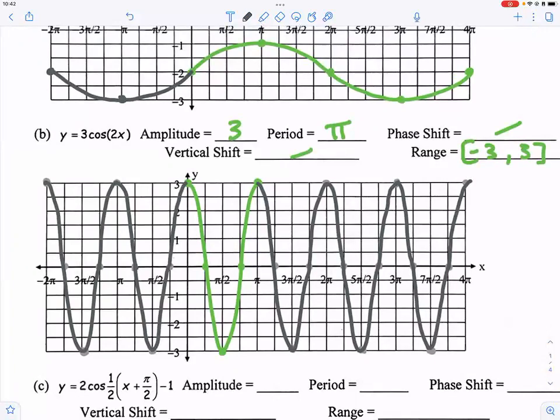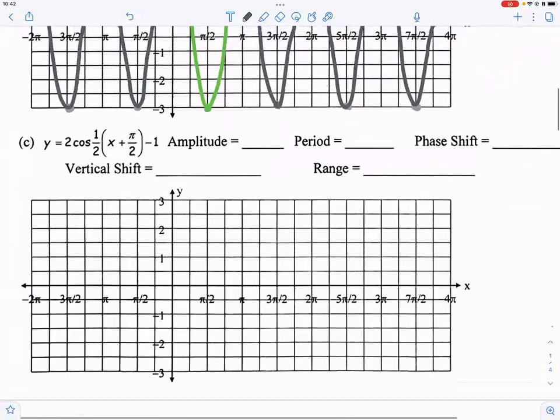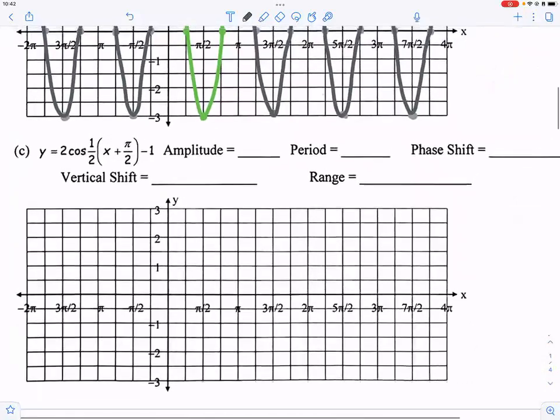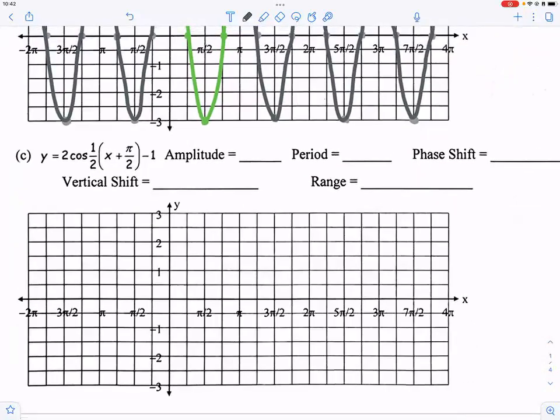Okay. All right, now let's go ahead and look at part C. Ooh, part C is like a medley. We have all the A, B, C, D values all shown in here. So go ahead, take a minute to write down all these important values. What do they represent? How does it affect the amplitude, period, vertical shift, horizontal shift?